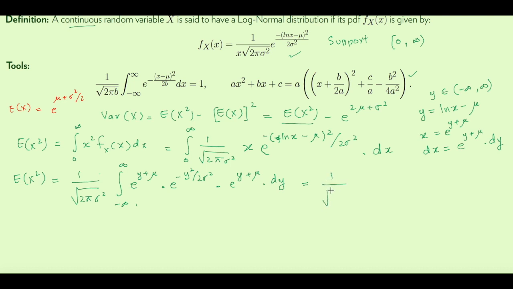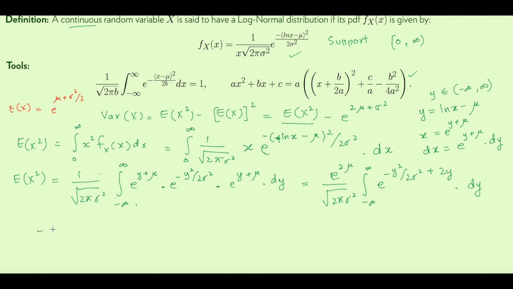Which is equal to 1 over root 2 pi sigma squared, integral from minus infinity to infinity, and then I can take out e to the 2 mu, correct? I can say e to the minus y squared over 2 sigma squared plus 2y, times dy, correct? Okay, now again use this.